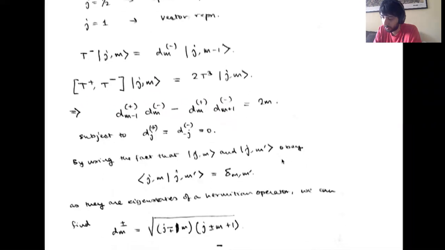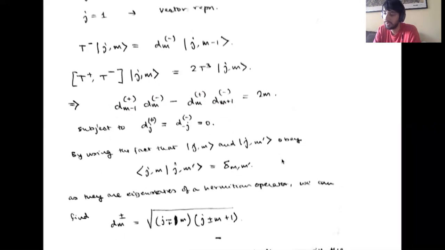What we do is reasonably straightforward again. We first recognize, just by looking at this equation, that D plus of m minus 1 and D minus of m is minus D m. D plus of m and D minus of m plus 1 has to be equal to 2m.